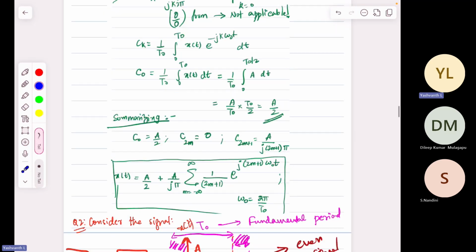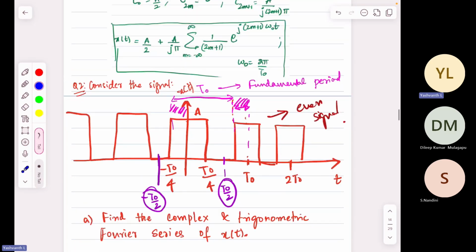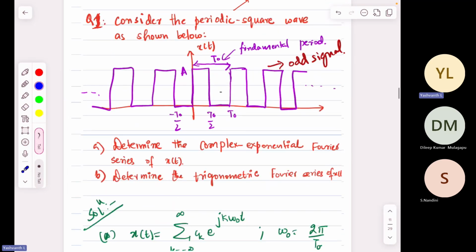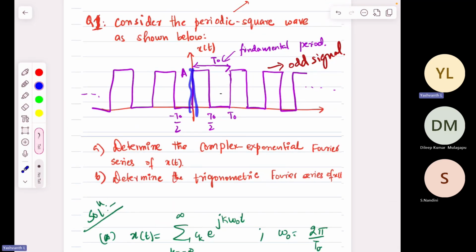Okay, so now we will consider a slightly different signal. Consider the signal x of t, which is basically shifted to the left by T naught by 4. So you see, now this has become an even signal. Go back to the first signal: the rising edge was at 0, and I have slightly shifted the rising edge to the left. That was an odd signal, with odd symmetry.